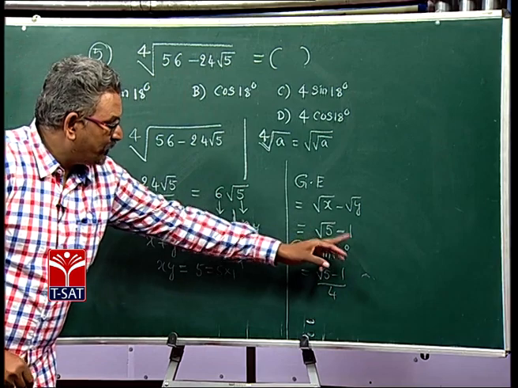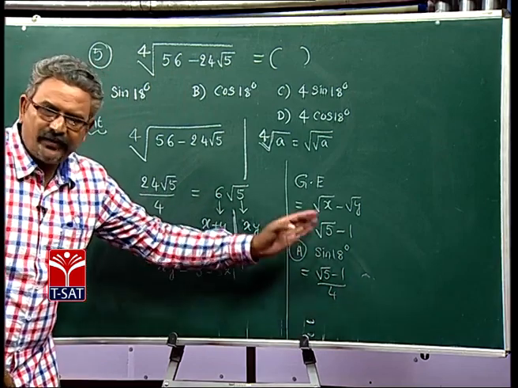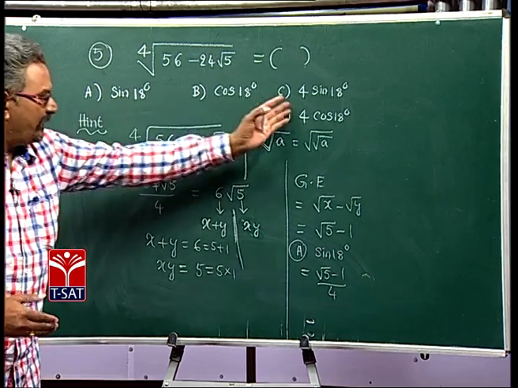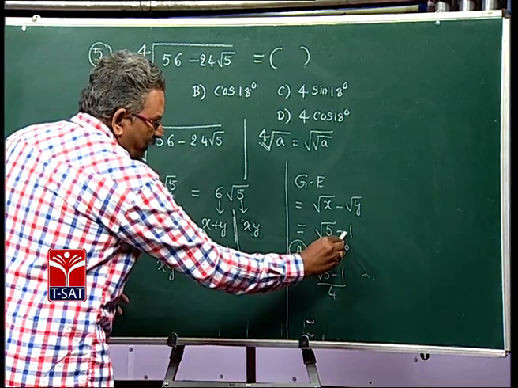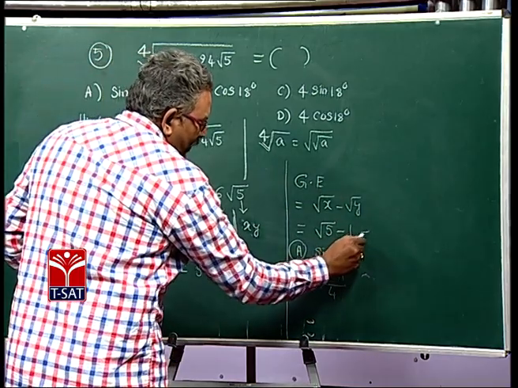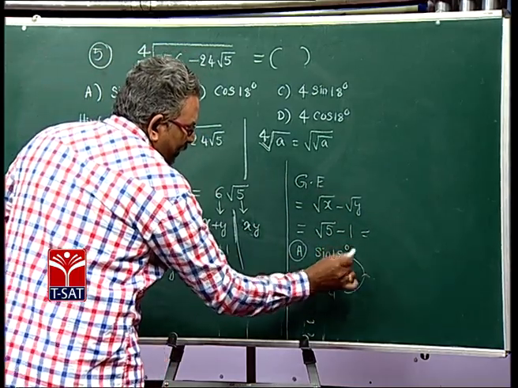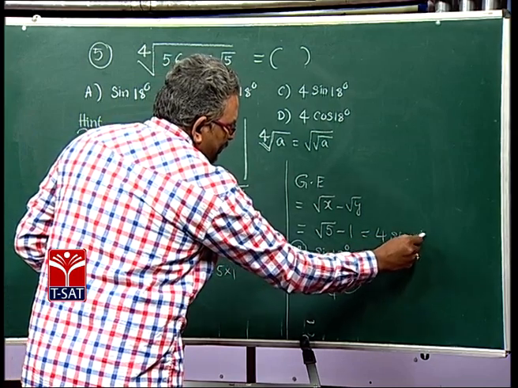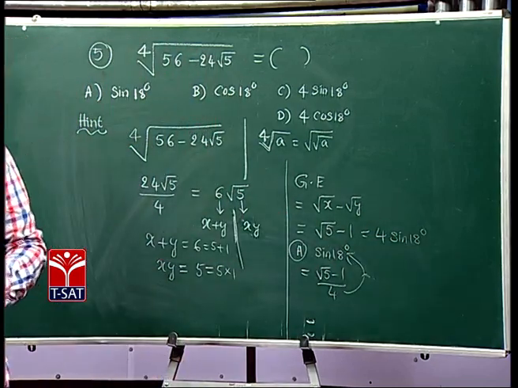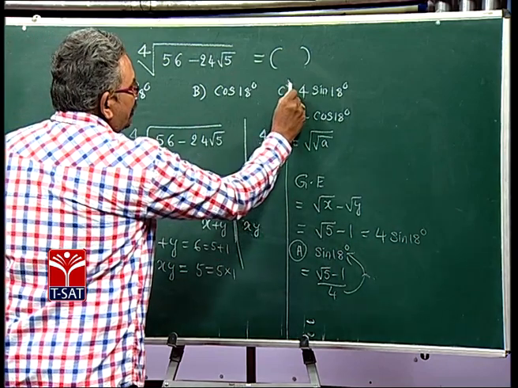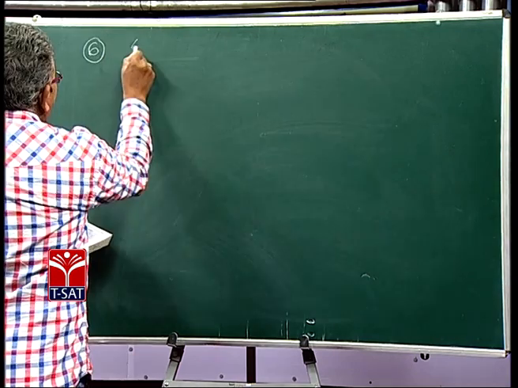Here we have root 5 minus 1, and with the help of option A only, we can determine our required option. Now root 5 minus 1 becomes 4 times sin 18. So with the help of this we can write 4 times sin 18 degrees will be the right option. So which is the right option? Yes, you are correct. C will be the right option.